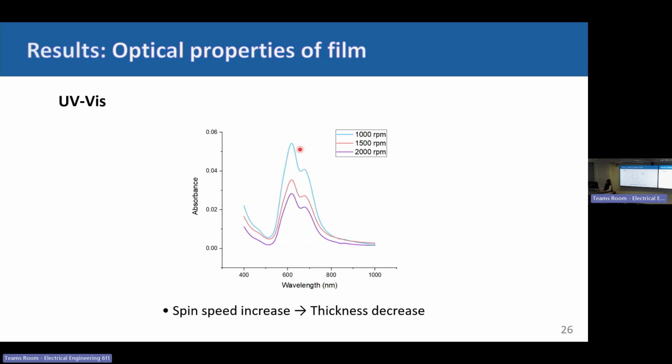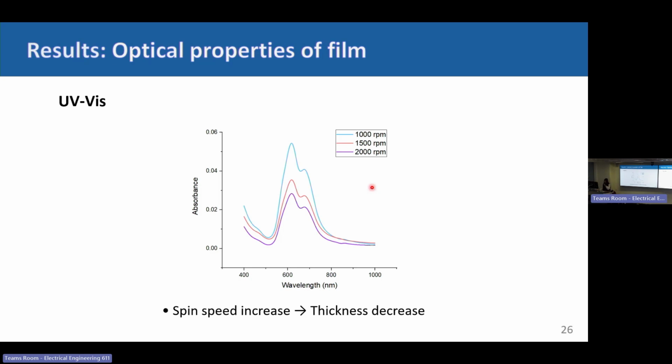The blue one is for 1000 RPM, the red one is 1500, and the purple one is 2000. We can see that as the spin speed increases, the thickness decreases, which is reasonable because when you spin too fast, there is less deposition on the substrate.